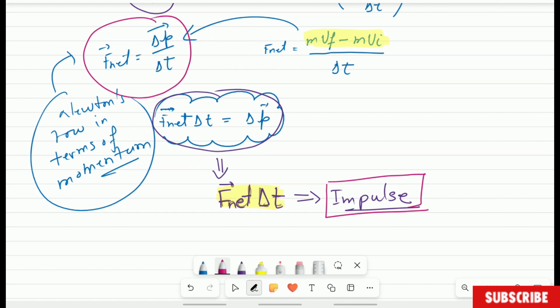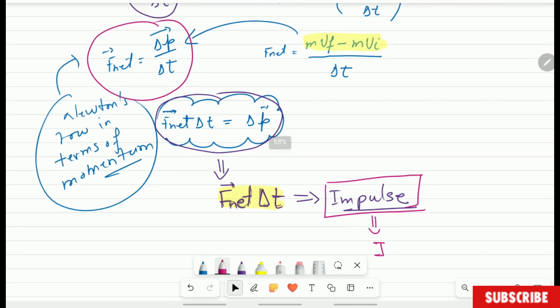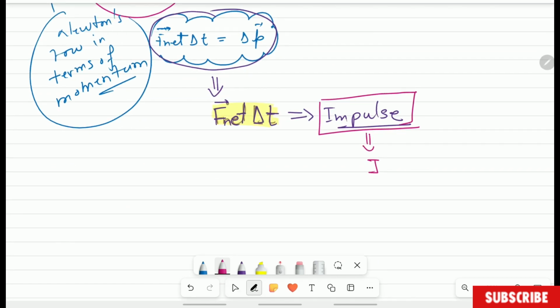Now, the symbol for impulse, the most accepted symbol for impulse is capital J. J is the most accepted symbol for impulse. However, you can see sometimes I, and you also can use the word impulse.